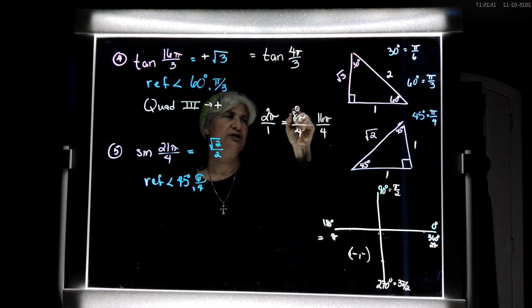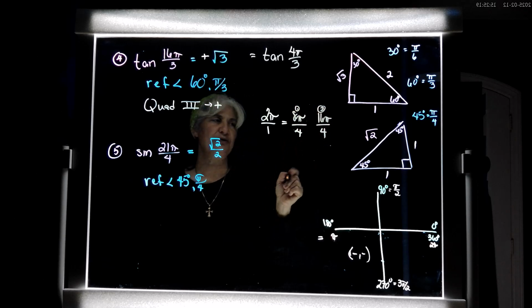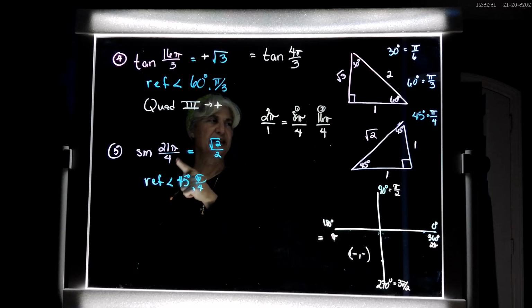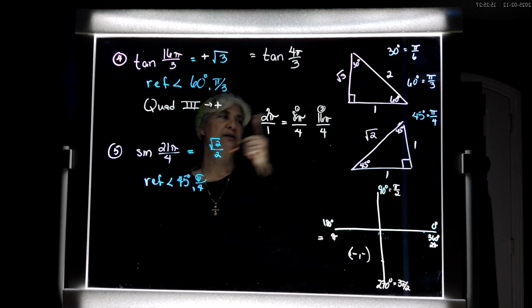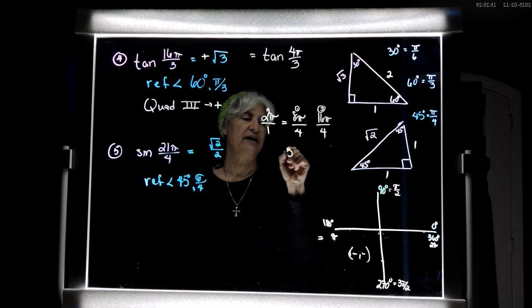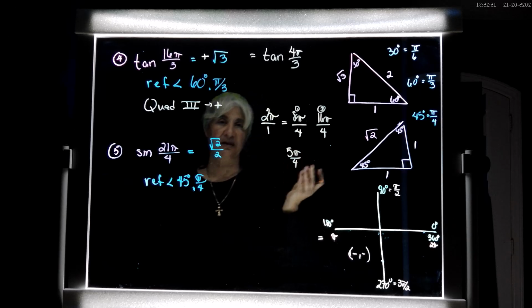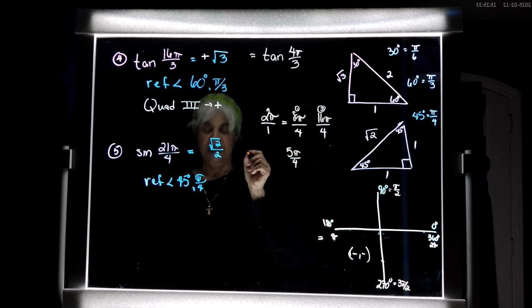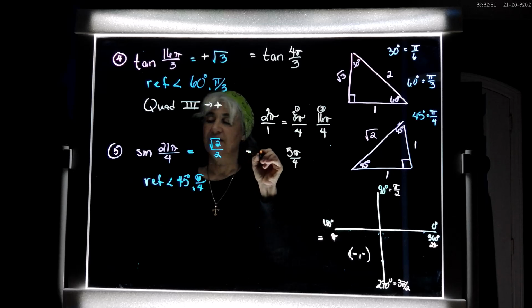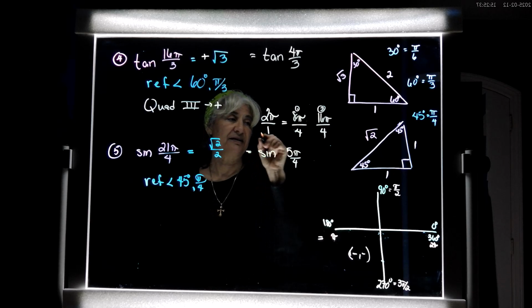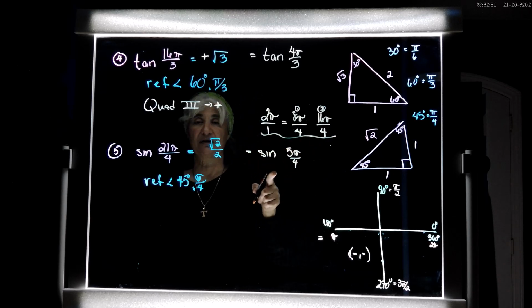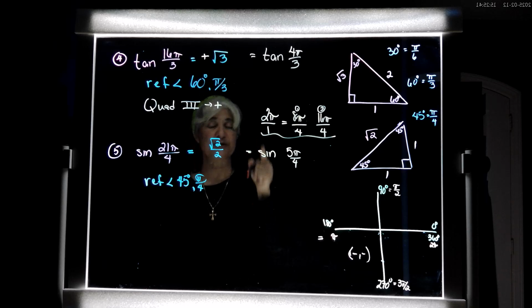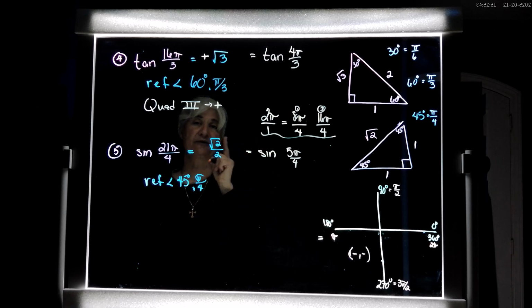So that's 1 rotation around the circle, 2 rotations around the circle, and then some. The and then some is how much? Yeah, 21 minus the 16. I have 5 pi over 4 left, which means that you're actually finding the sine of 5 pi over 4. That's in the exact same spot as 21 pi over 4.